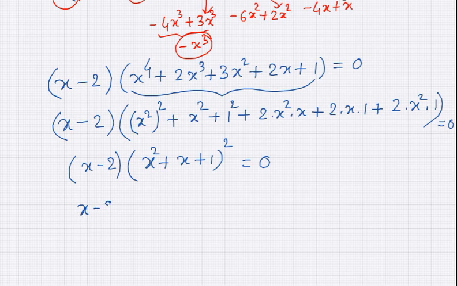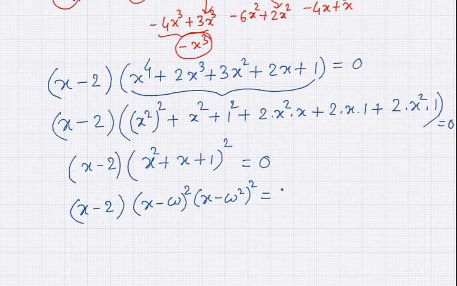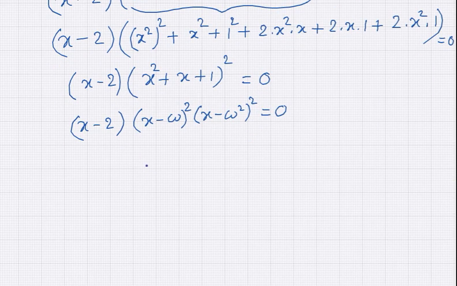And as you know, x square plus x plus 1 whole square has the factors x minus omega and x minus omega square. So we can see that the roots of this equation are x equal to 2, then omega repeated 2 times and omega square repeated 2 times.